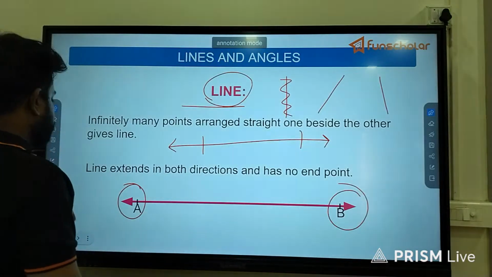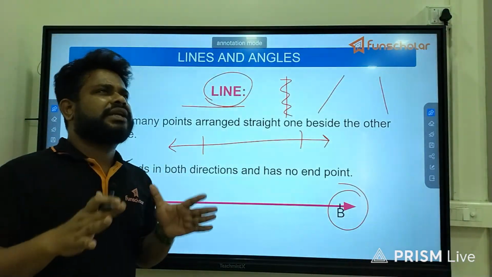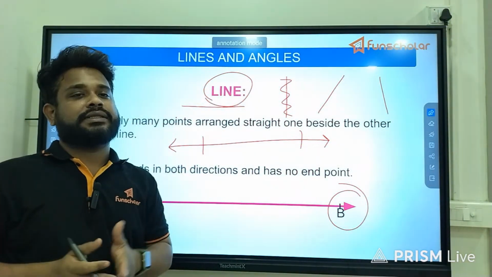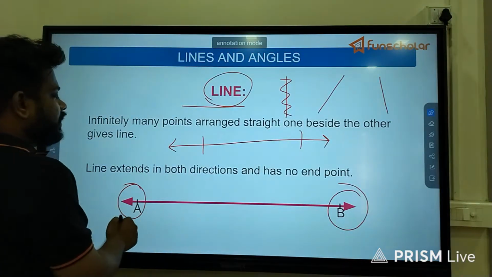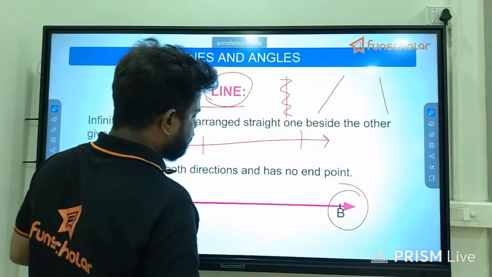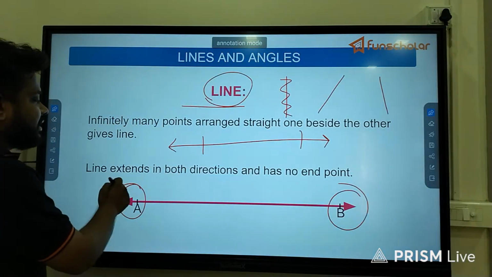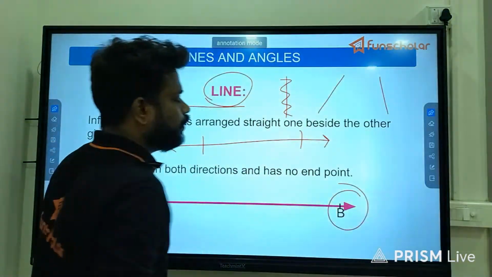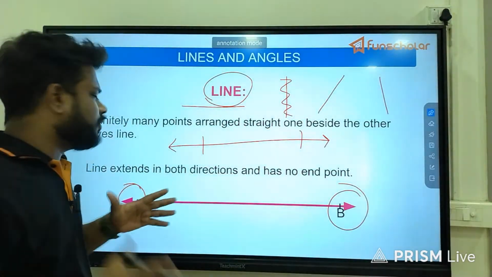So this is the general difference between a line and a line segment, but in general we call line segments lines. So this is also a line or line segment, whichever you consider, and lines can be extended in both directions. That's why we have used two arrows. These are very basic knowledge.